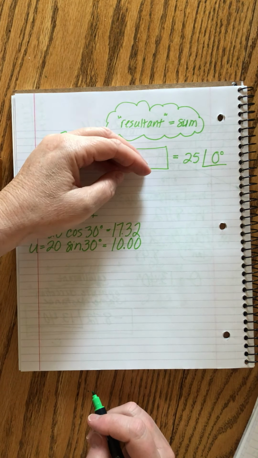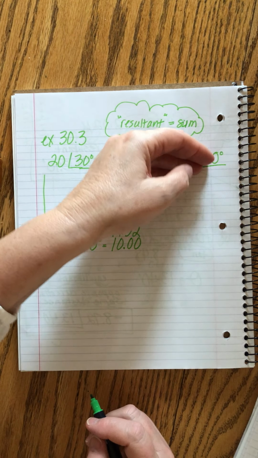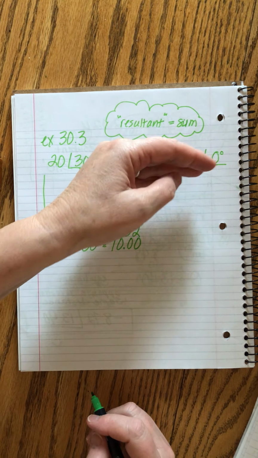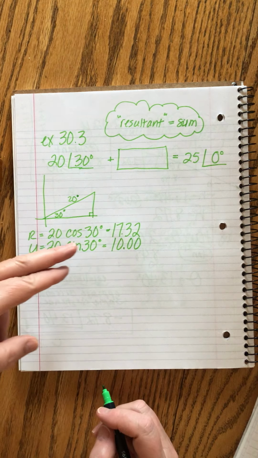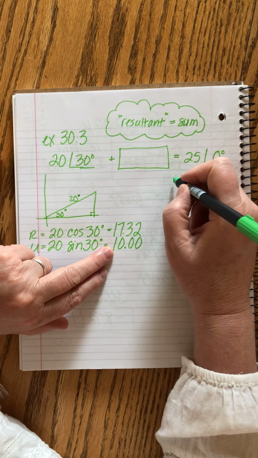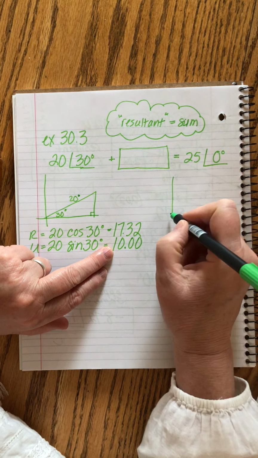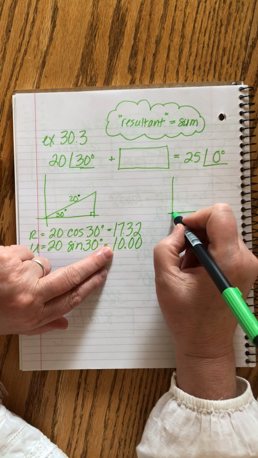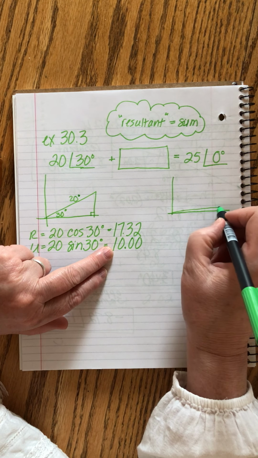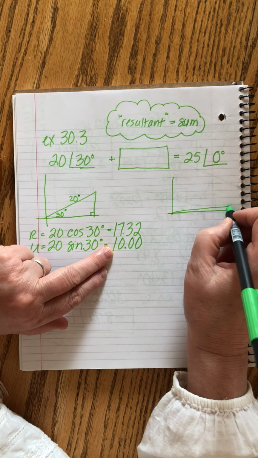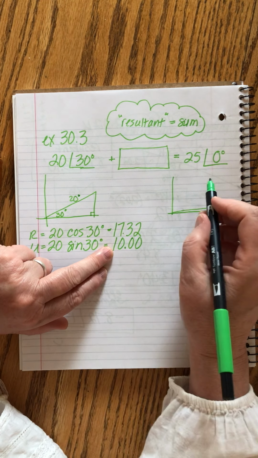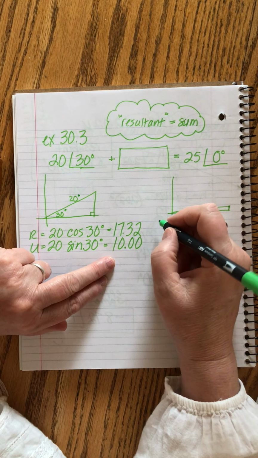Now, we don't know the other angle, but we want to convert the answer into rectangular coordinates as well. This number is at 0 degrees, so I'm not actually going to be able to draw 0 degrees, but I'm going to make it close. This tells me that I can find this.